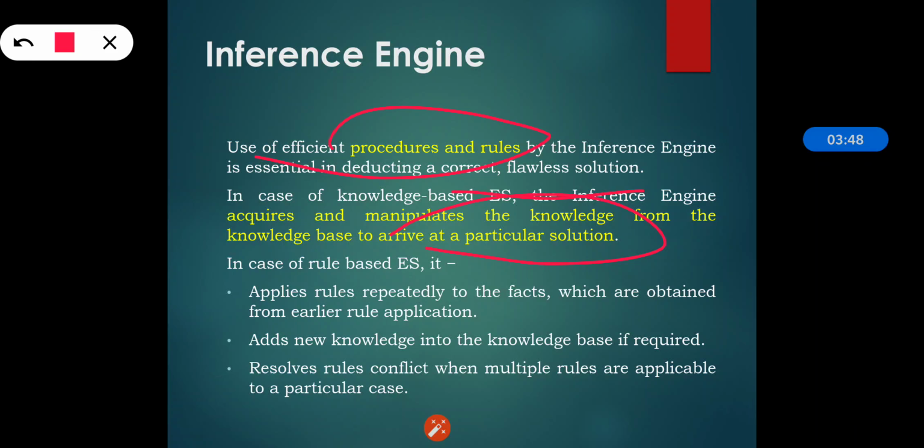In a rule based expert system, it applies the rules repeatedly to the facts obtained from earlier rule application, that is the past experience. It adds new knowledge into the knowledge base if required. It resolves rule conflicts when multiple rules are applicable to a particular case.